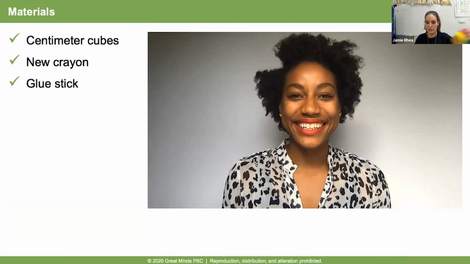I'm going to get my box of crayons. Now, my box of crayons is not new, so I'm going to try to find the newest crayon I have in here, maybe one that hadn't been used the most. And remember, last time I did that, I used the white one because it hadn't been used very much. So I'm going to use that. And let's see, do I have a glue stick over here?